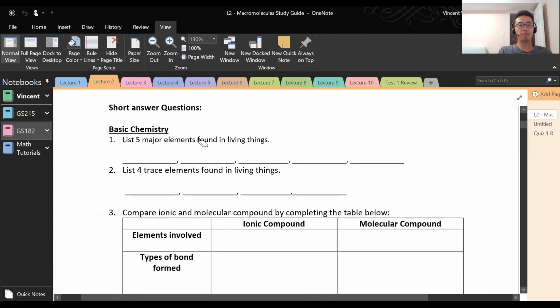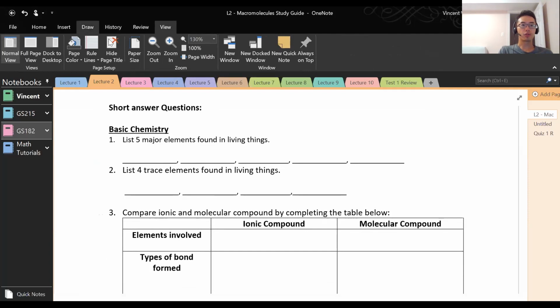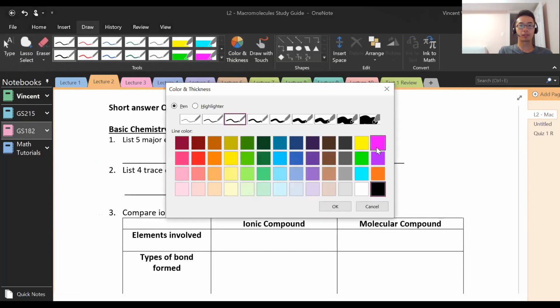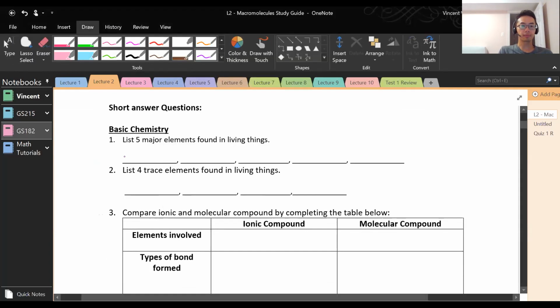List 5 major elements found in living things. Okay, so we have things like carbon. Let me choose a different color here. We have carbon, and the symbol for carbon, as you might know from chemistry, is C. We also have a lot of hydrogen.